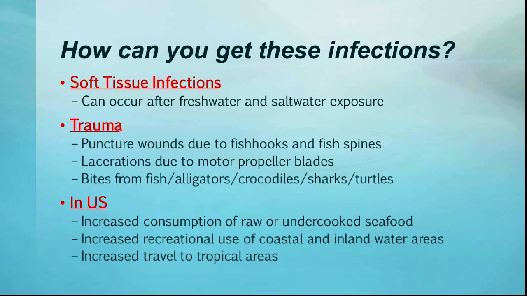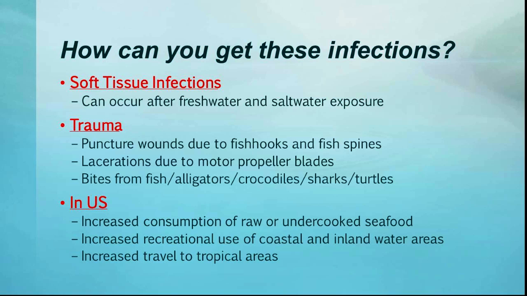How can you get these infections? Basically, the soft tissue infections like cellulitis or abscess, necrotizing fasciitis, and other things, can occur after freshwater and saltwater exposure. The trauma that occurs is with the fish hooks and the fish spines. That can be the portal of entry for these bacteria and other organisms that we're going to talk about.